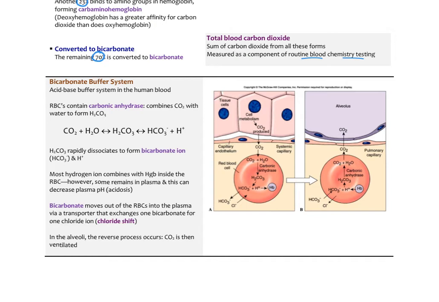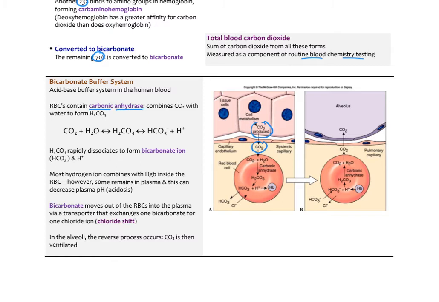The bicarbonate buffer system is what allows carbon dioxide to dissolve as bicarbonate. And again, that can carry it back to the lungs. So basically, this requires the enzyme called carbonic anhydrase. And that's found inside a red blood cell. So if we look at tissues, they make CO2 that gets into circulation.